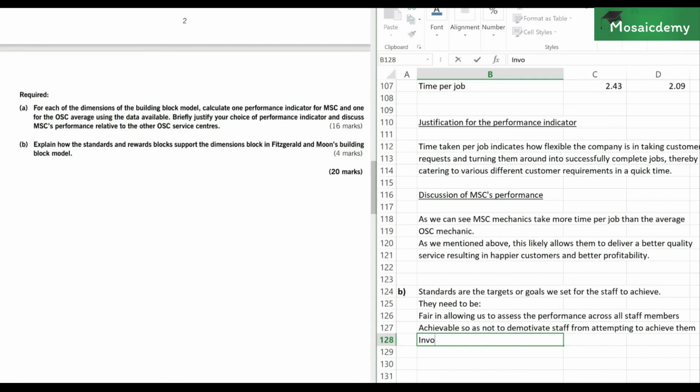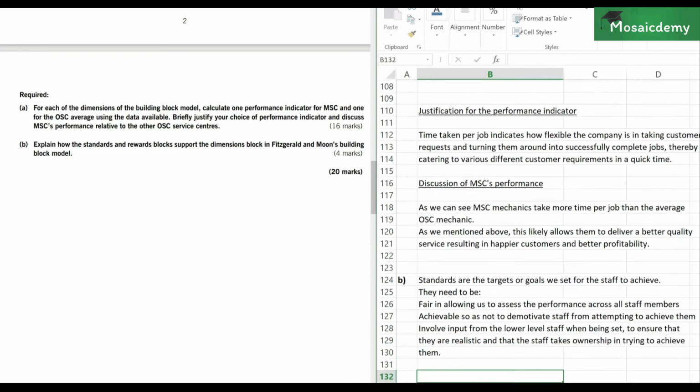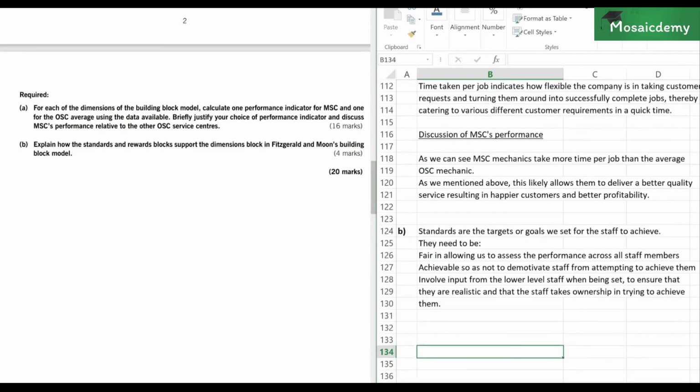And they must involve input from the lower level staff when being set to ensure that they are realistic and that the staff takes ownership in trying to achieve them, right? If they're involved in setting the standards, then they would want to achieve them because they were involved in setting them, right?